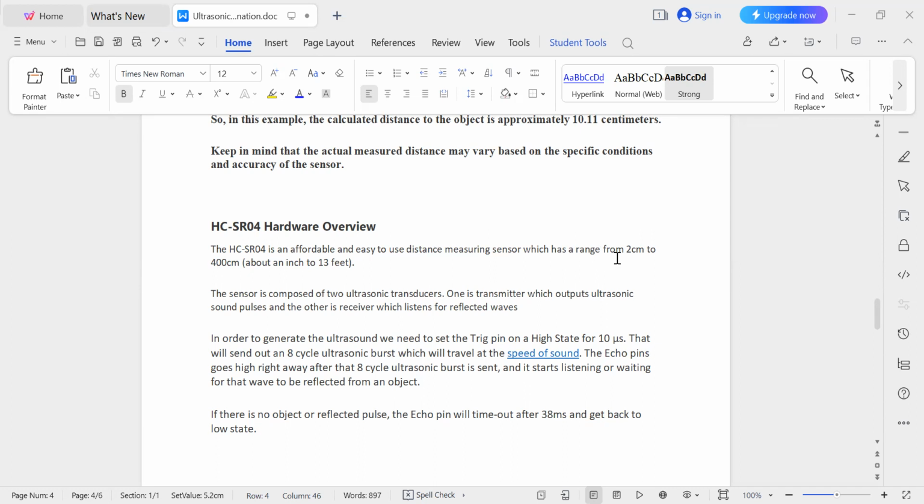Its range varies from 2 centimeter to 400 centimeter. Within this distance, if you have an object, it will identify that object. In terms of feet, from an inch to 13 feet. That is about the HC-SR04.